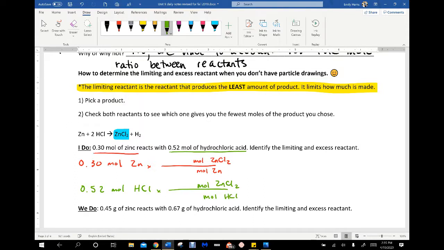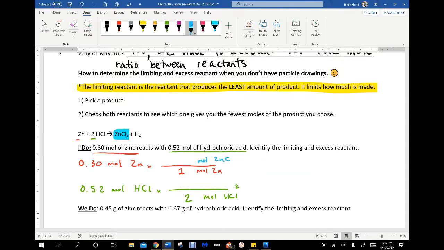The moles of our product, zinc chloride, goes on top. Now we go back to our reaction and look for our mole ratio. We have no coefficient shown in front of zinc, which means it has a coefficient understood to be 1. Hydrochloric acid has a coefficient of 2. And then finally, I'm going to change my color for zinc chloride here.